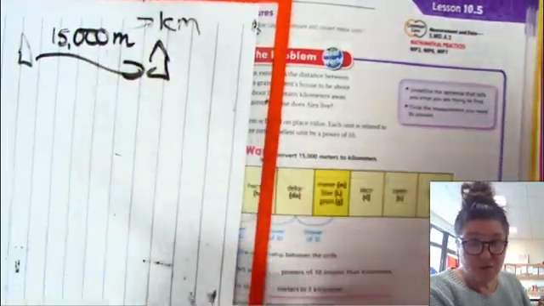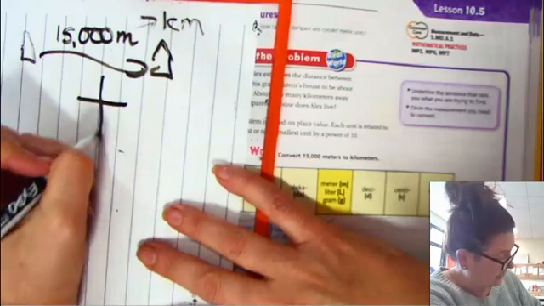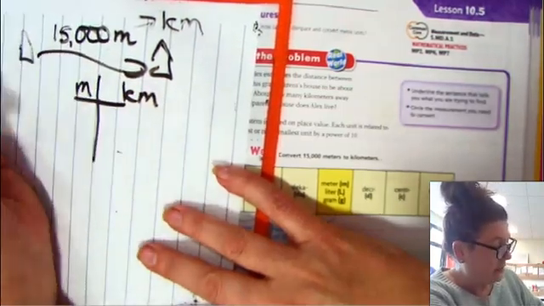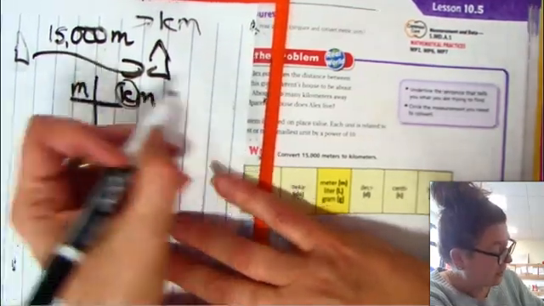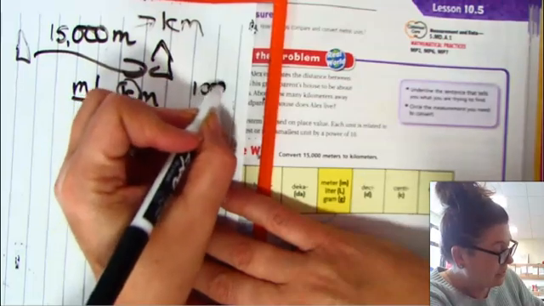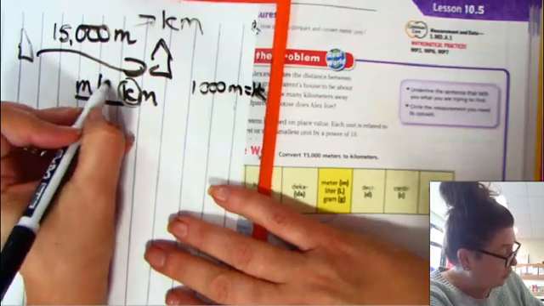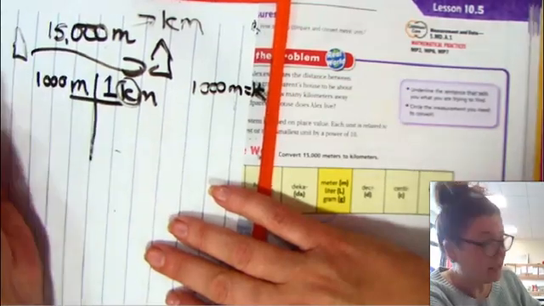Now, I'm going to first show you the T-chart so you understand it's something you've already done. We have kilometers and we have meters. Kilo is not a mini, it's a large one, and 1,000 meters is equal to 1 kilometer. You just have to start knowing that.